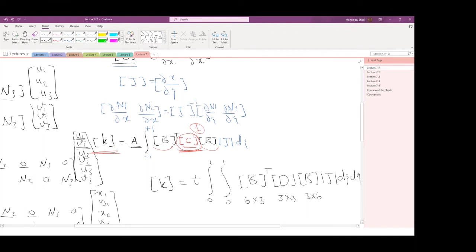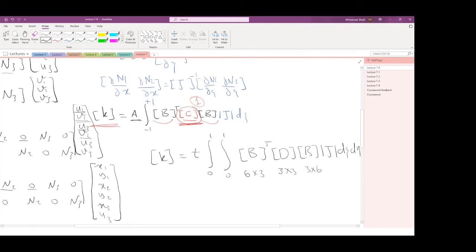Okay, so this is how the stiffness matrix would look like. Now, I think it is probably a lot to digest, but at the same time, this is probably the simplest way to present it.